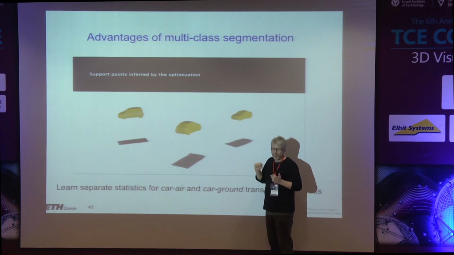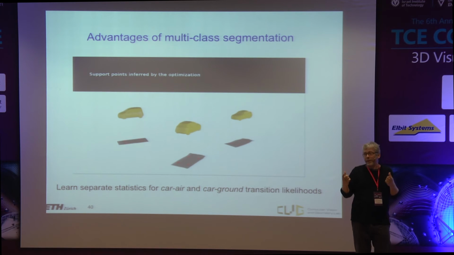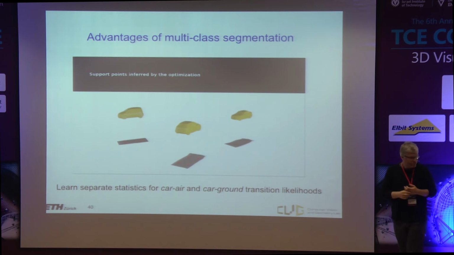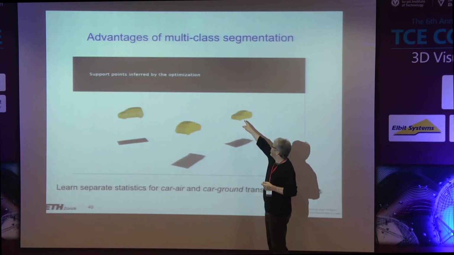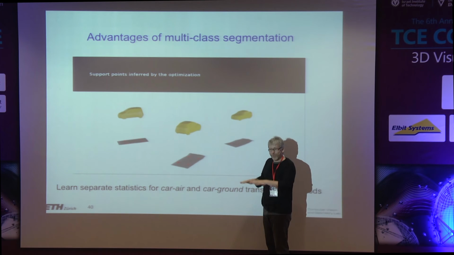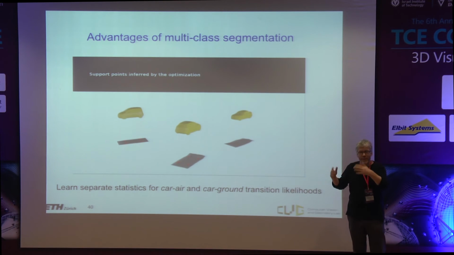Except, of course, at the 4 contact points, wherever we learned in the data that the car was on the ground, there we learned that it's likely to transition to ground directly. This also means that we can learn that a car, we haven't done this here, but it's trivial, is likely to stand on a surface that's labeled road and less likely to be in your garden or something like that. This just flows in this framework.